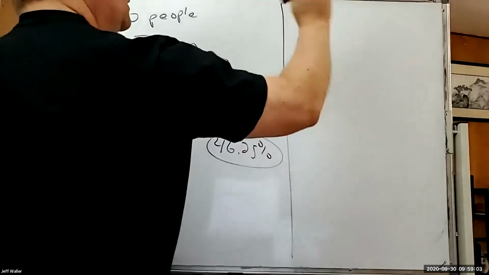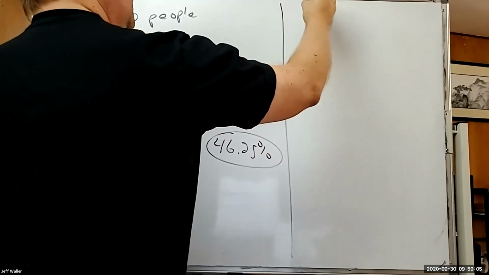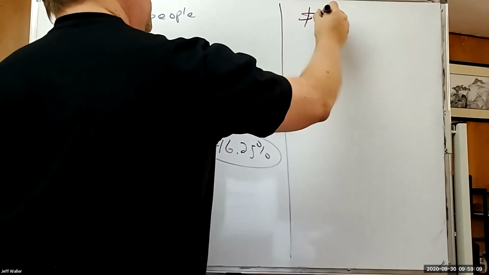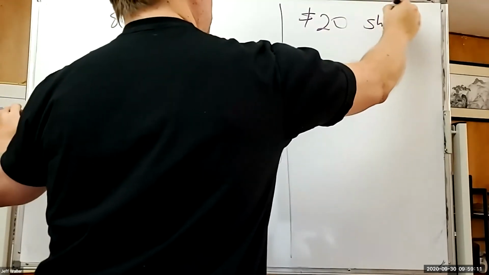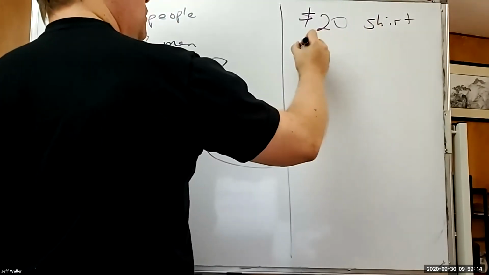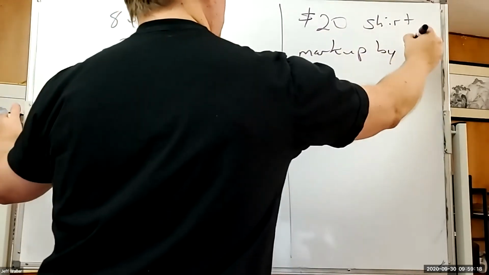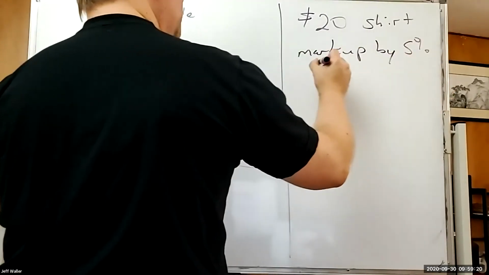All right, now let me ask you this. We're actually going to do this a little bit in reverse, but if I have a $20 shirt I'm selling and I mark it up by 5%, what will the new sell price be?